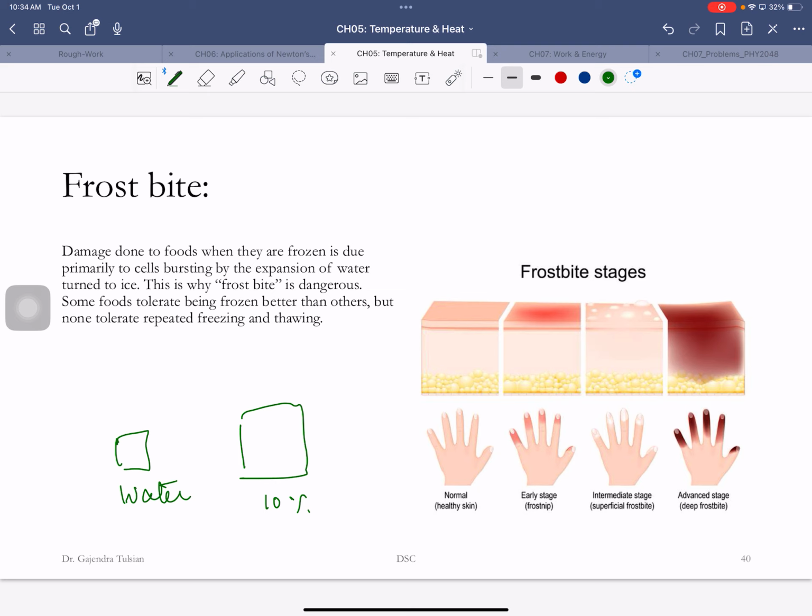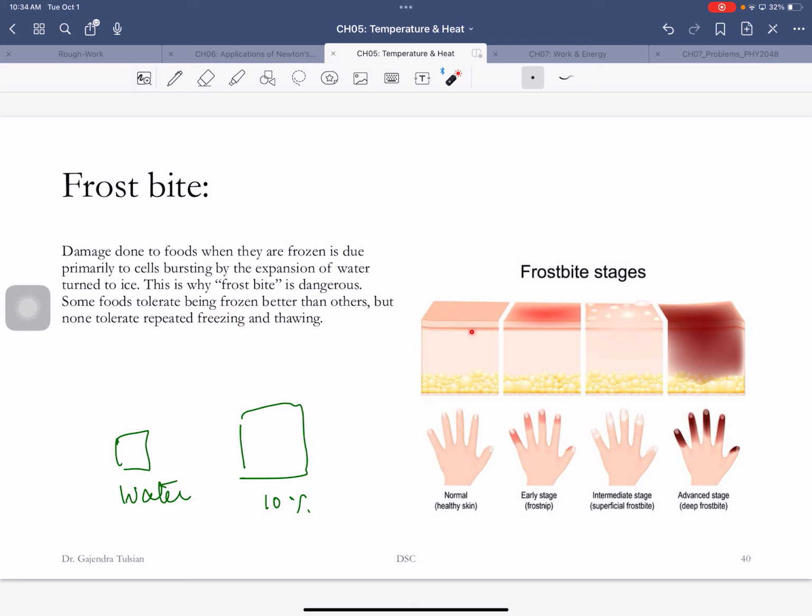It would burst the cell open. Damage done to foods when frozen is primarily due to cells bursting by the expansion of water turned to ice. So that's why frostbite is dangerous. Some foods tolerate being frozen better than others, but none tolerate repeated freezing and thawing.